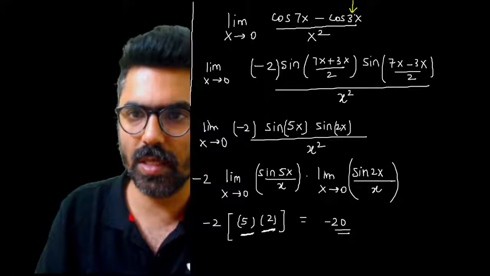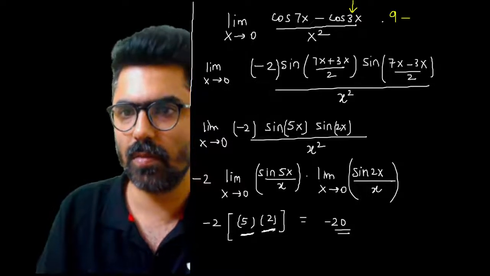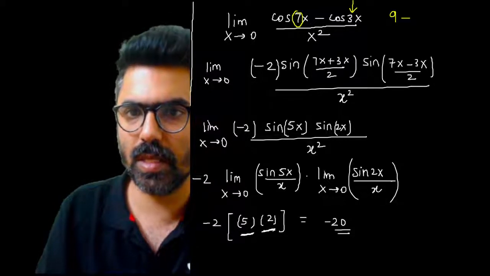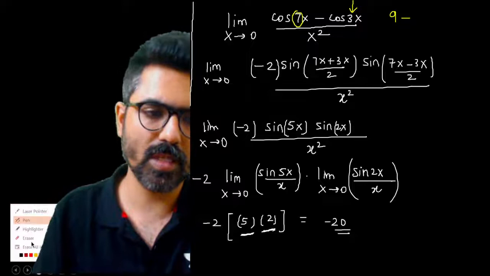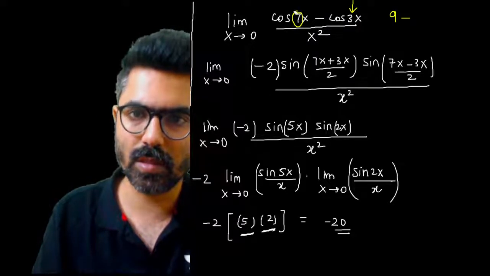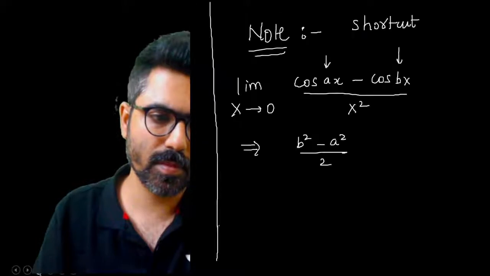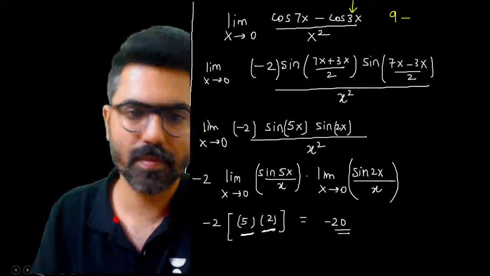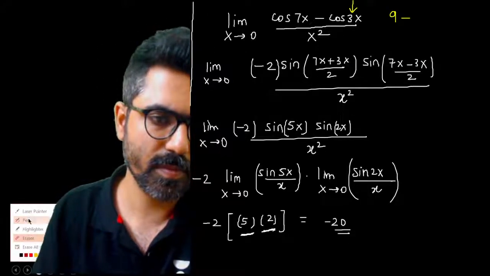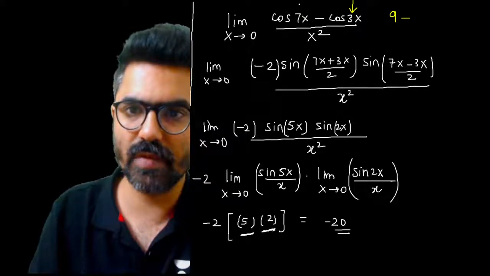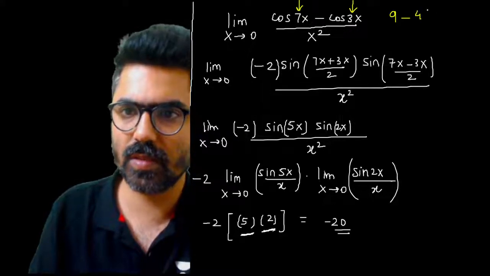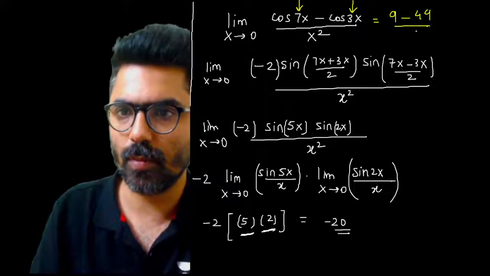Let's apply that shortcut in the previous example. Here b square is 9 minus a square, where a is 7, so 7 square is 49, upon 2.